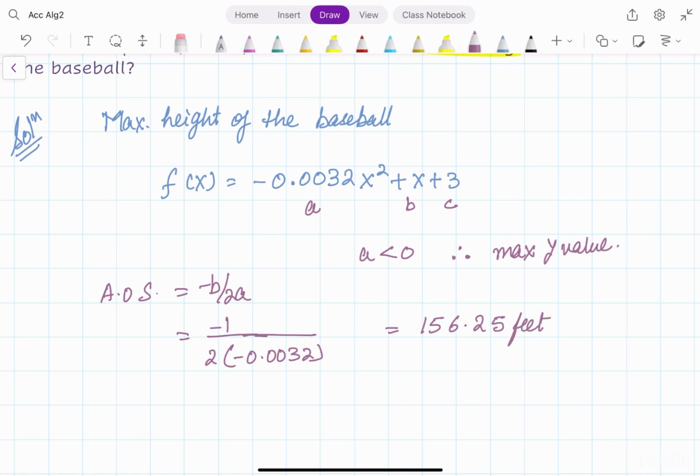We want the y value of the vertex. So what we will do, we will plug this x value into the original equation, which is f of x. So let's plug it in.